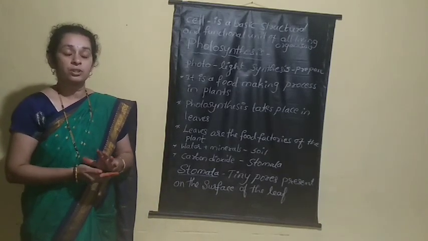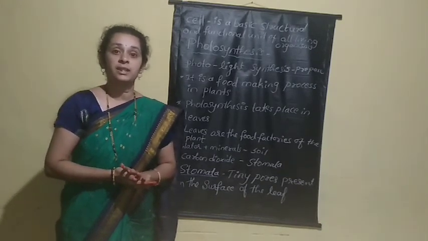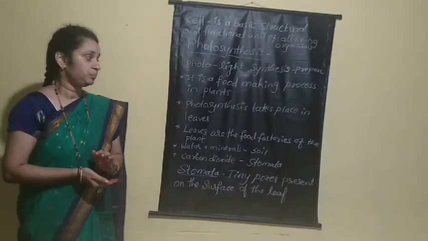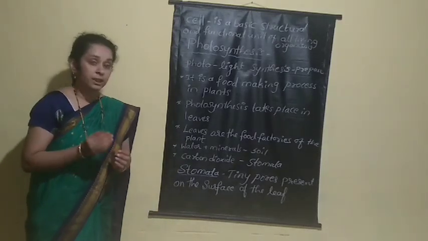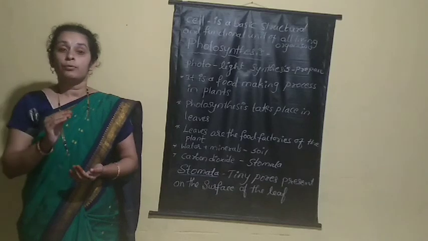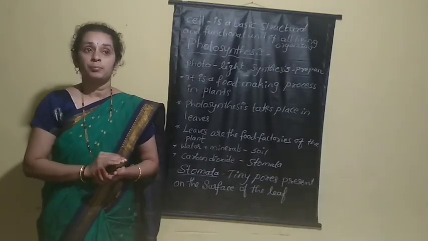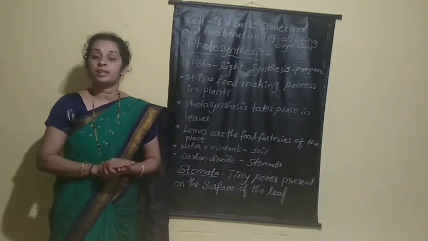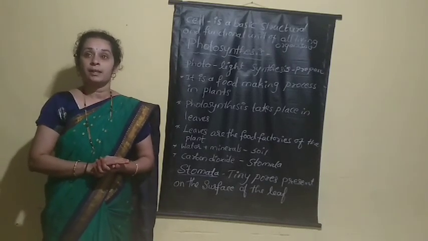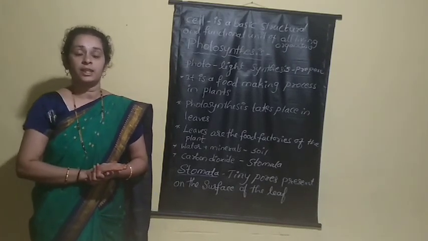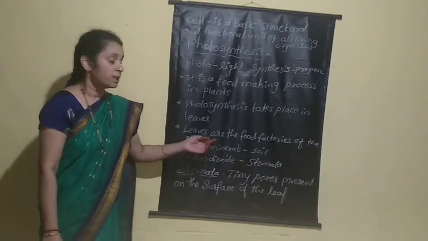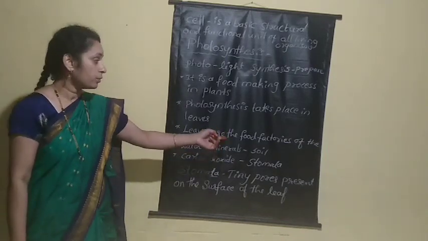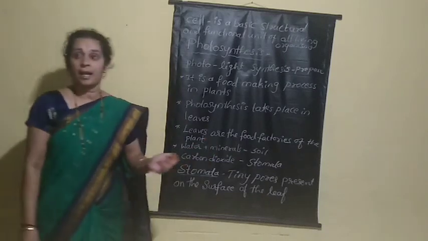This photosynthesis process takes place in the leaf. Leaves are the food factories of the plant because preparation of food takes place in the leaf.